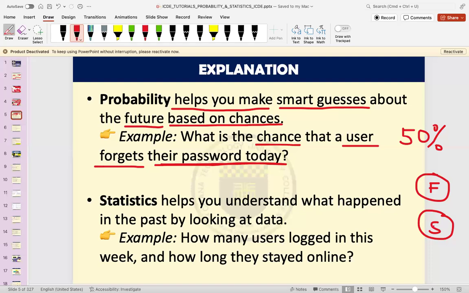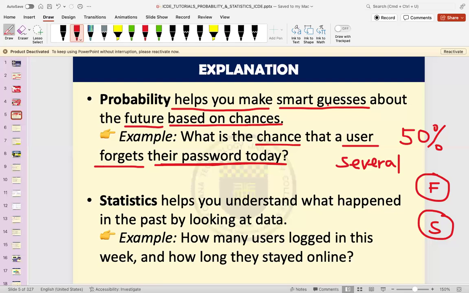The two sides cannot show at the same time. And so there are some people who forget their password because they have several passwords they use. So sometimes they forget which one they used for a particular access. There's a possibility that they may forget.